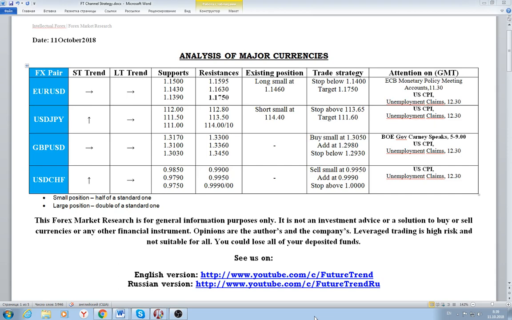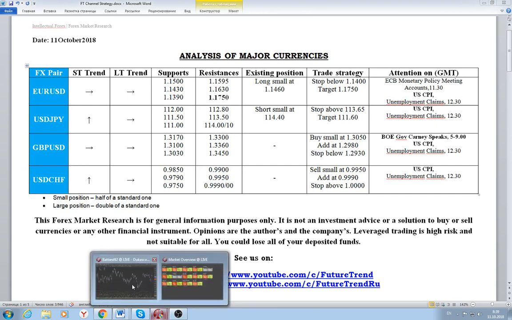As a result, the risk aversion situation continues to support currencies like the Japanese yen and even, for example, the euro, the single currency, together with the Swiss franc. So now let's see how the aforementioned currencies can evolve in the next couple of sessions.